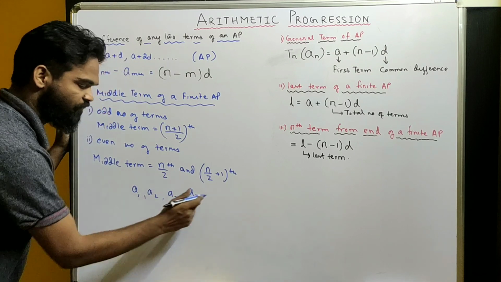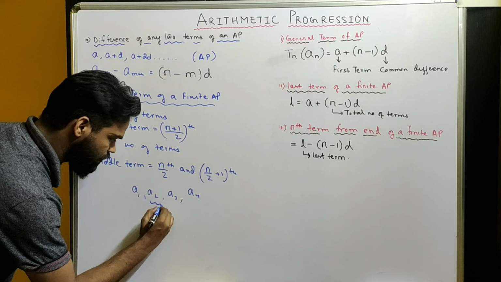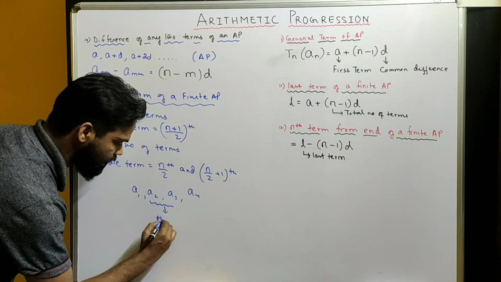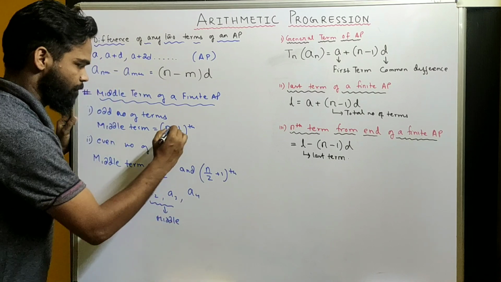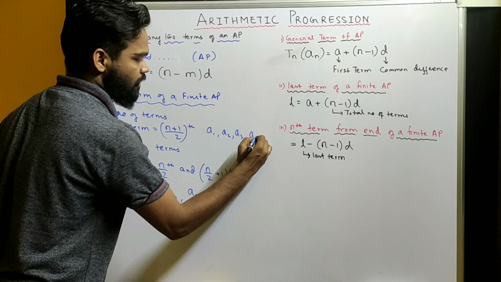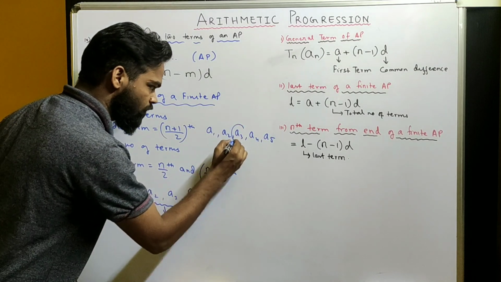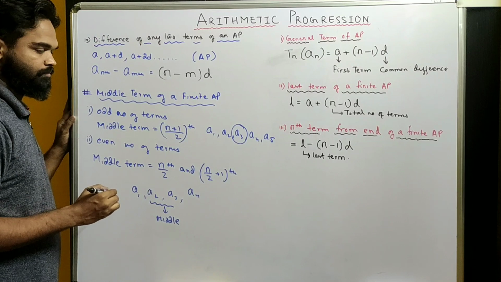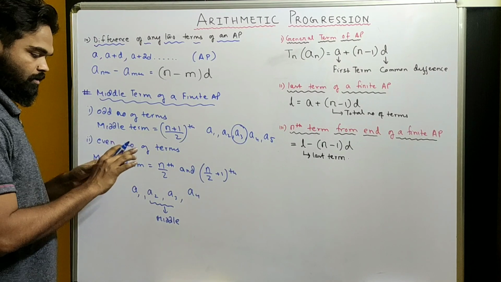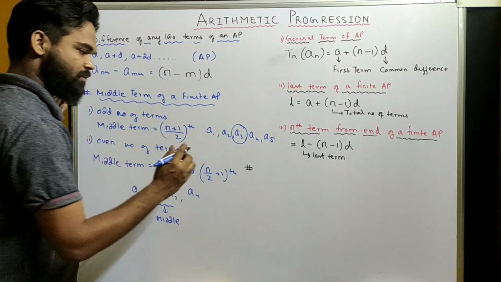See, there are 4 terms, an even number of terms. Then these two, a2 and a3, are your middle terms. But if you look at a1, a2, a3, a4, a5, there are an odd number of terms, so only a3 is your middle term. Clear?